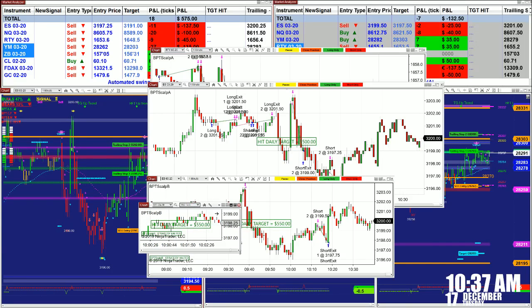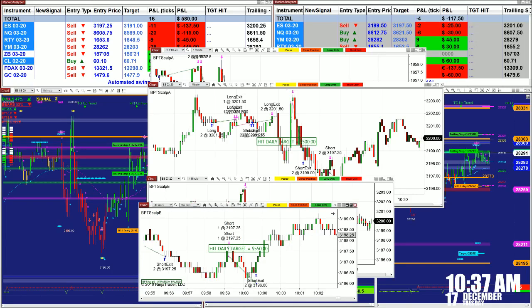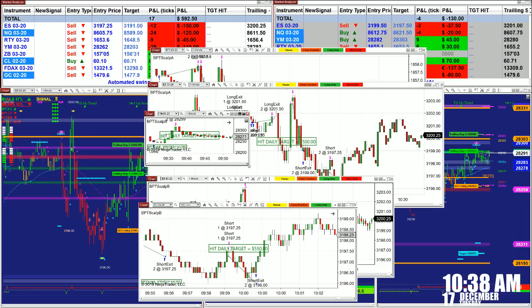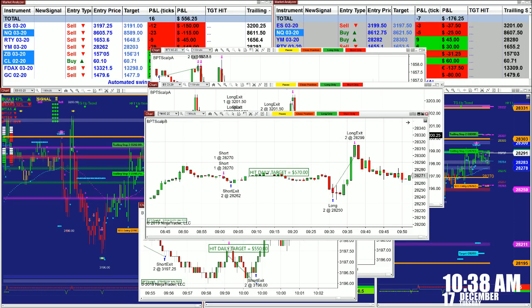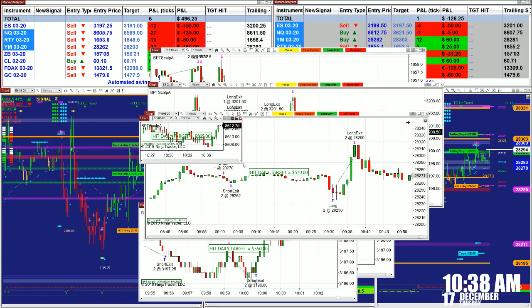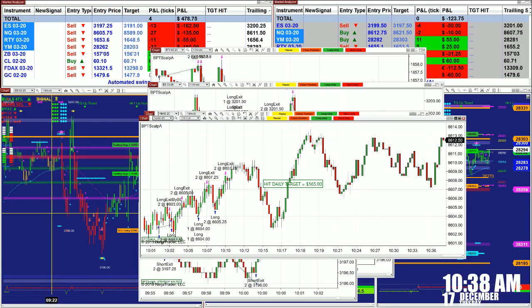A B scalper hit 550, and Russell, they're all done, hit 570, and the Nasdaq hit 565. Practically they're all done.